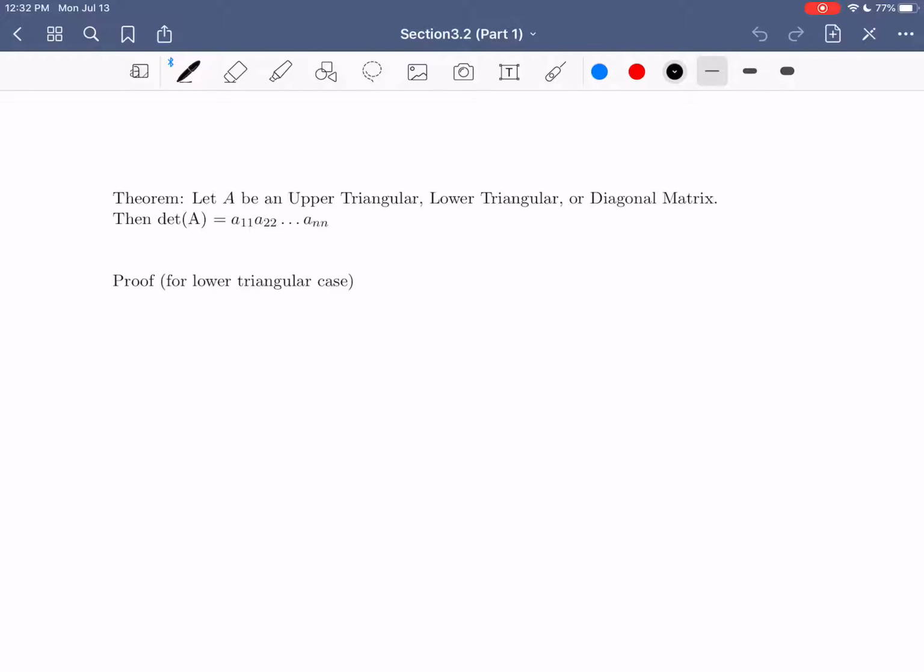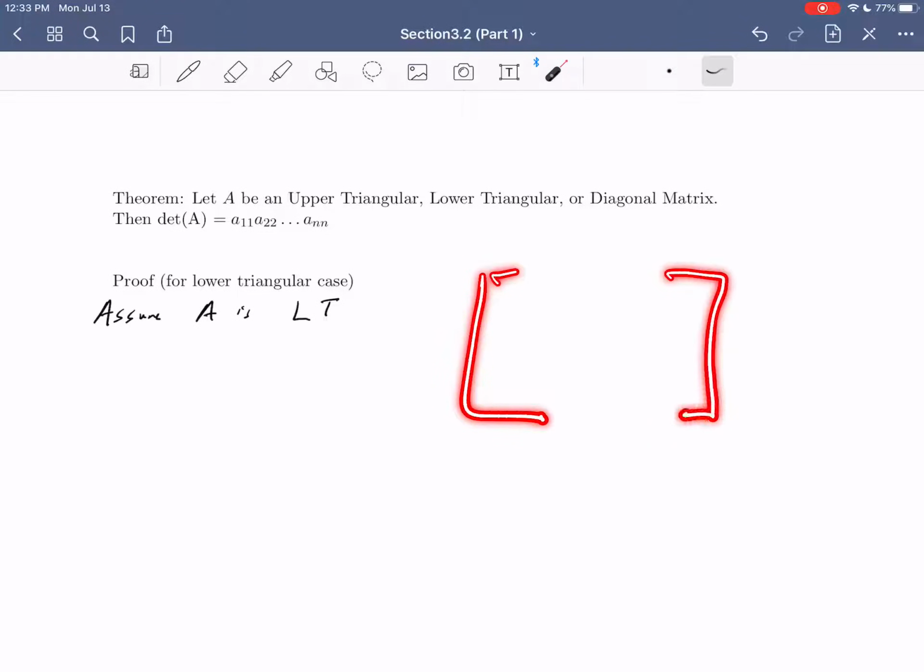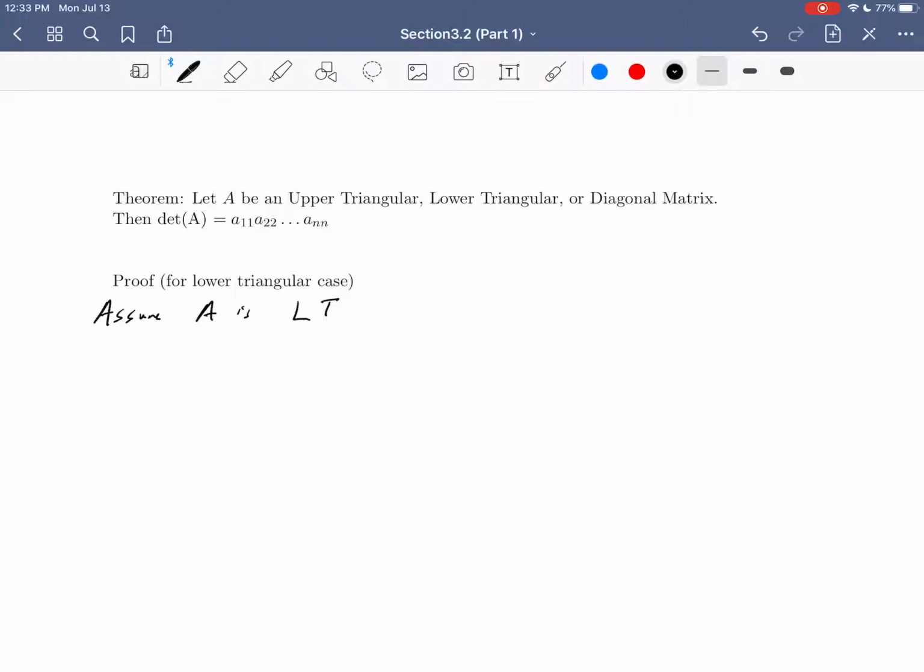So we're going to assume that A is lower triangular. Remember, lower triangular means that if you have a square matrix and here is your diagonal, these things over here can be whatever you like. But this stuff over here, the stuff above that diagonal, all has to be 0. So we're going to assume that A is lower triangular.